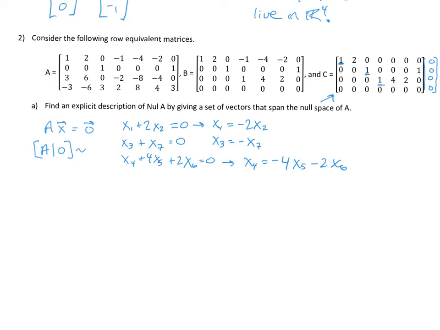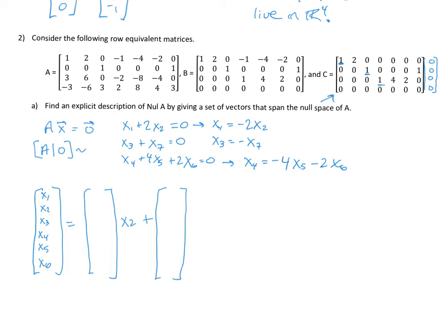I'm going to put the solution set in parametric vector form. x1, x2, x3, x4, x5, x6, x7 equals, I need a vector associated with each free variable. So my free variables are x2, x5, x6, and x7.